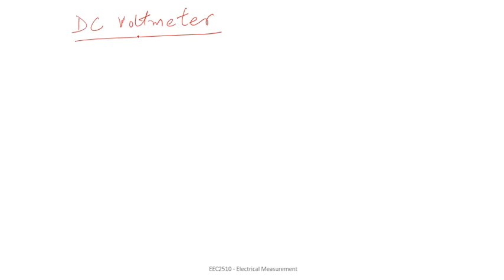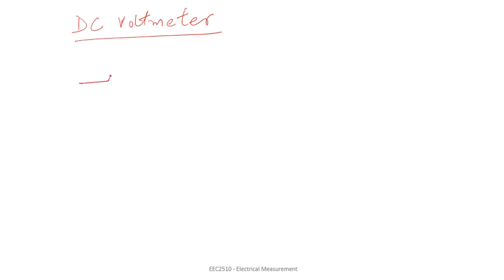So what happens is that without any additional series resistance, this PMMC instrument would be able to measure very low voltage levels. Generally, the voltmeter range is increased by connecting a resistance in series with the instrument.